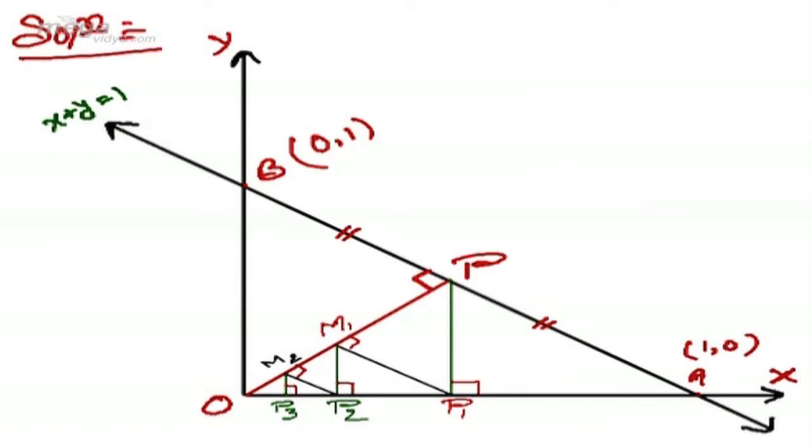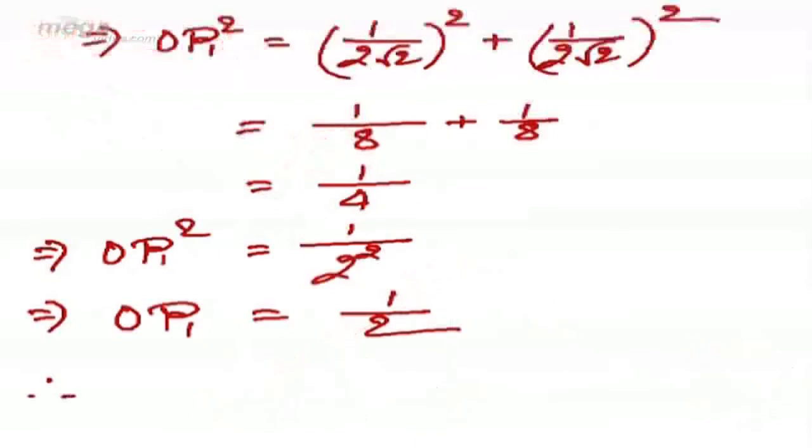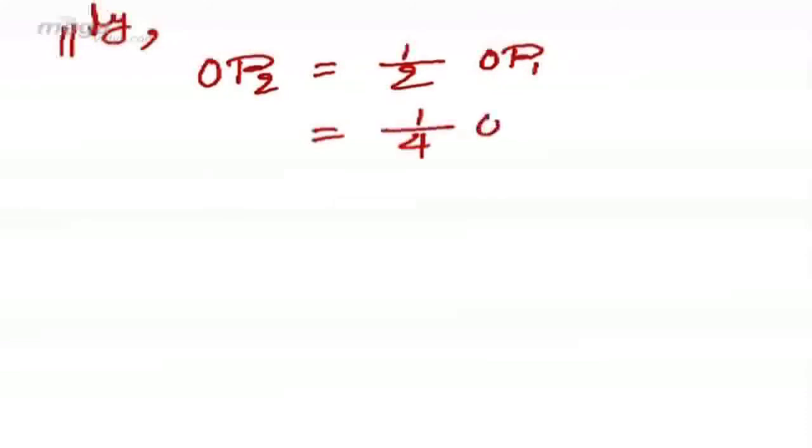It means OP2 becomes half of OP1, and OP3 becomes half of OP2. So OP1 is half into OA. Moving similarly, OP2 equals half of OP1, so it becomes 1/4 of OA, because OP1 is half OA.